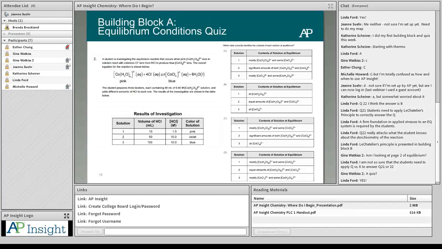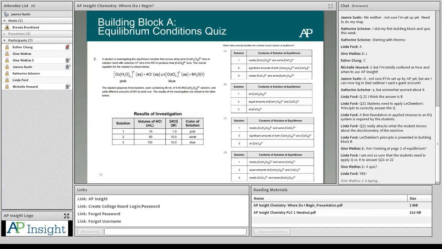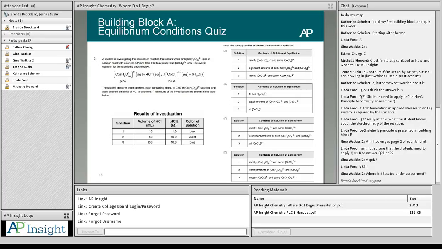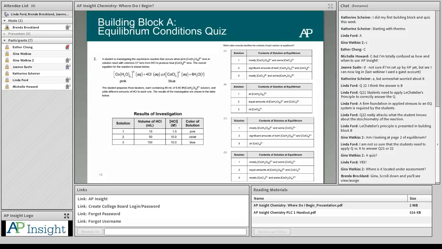Here's question 2. All right, for question 2, I have A. Does that seem right?